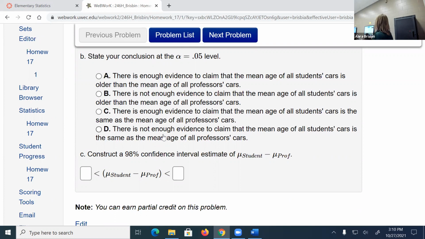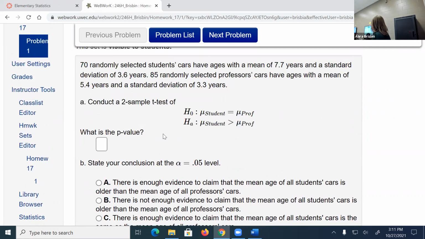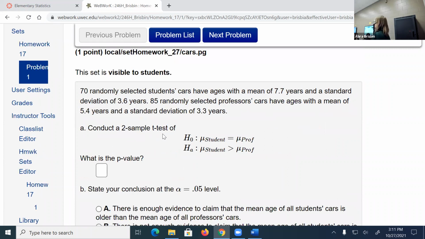So did you have a question about how to get started on this one, or you tried it and it didn't accept your answer? I tried it and I didn't use the right calculator. All right. So this is dealing with today's material. We talked about doing theory-based hypothesis tests to compare two means.